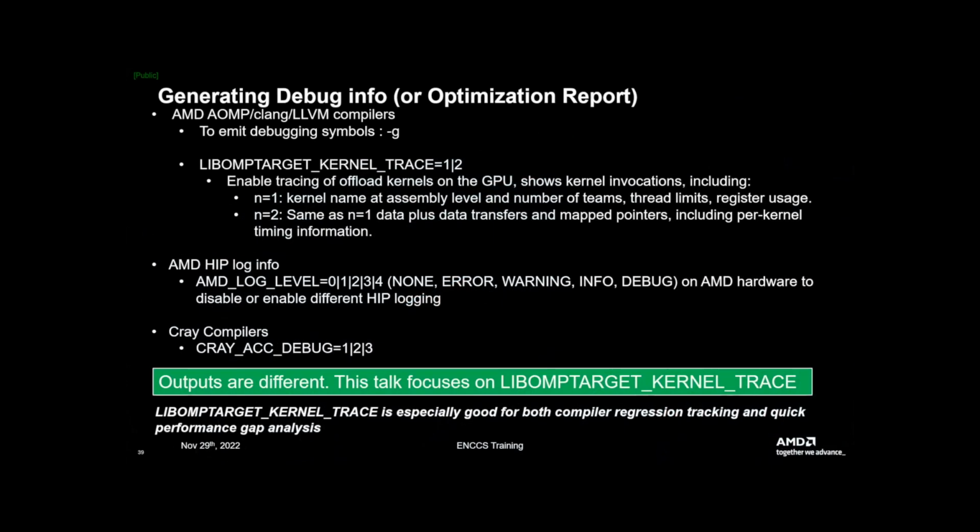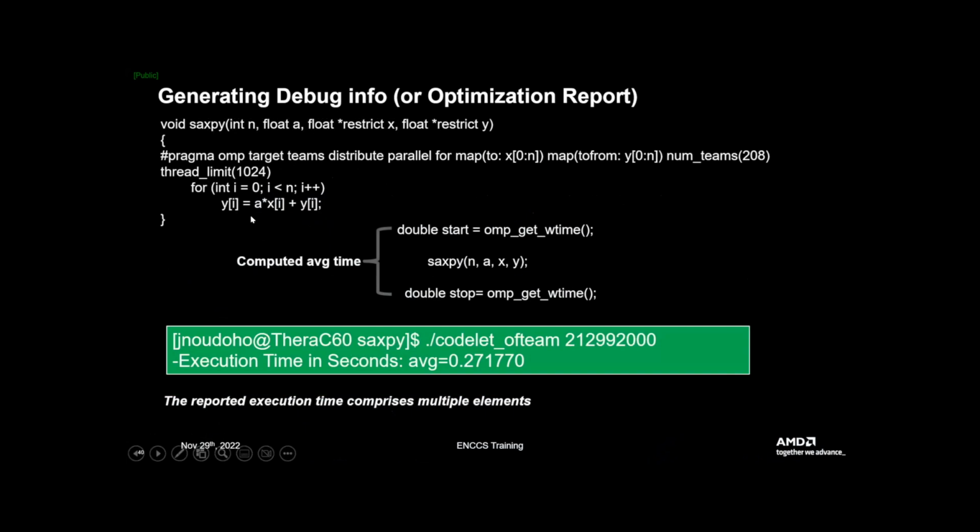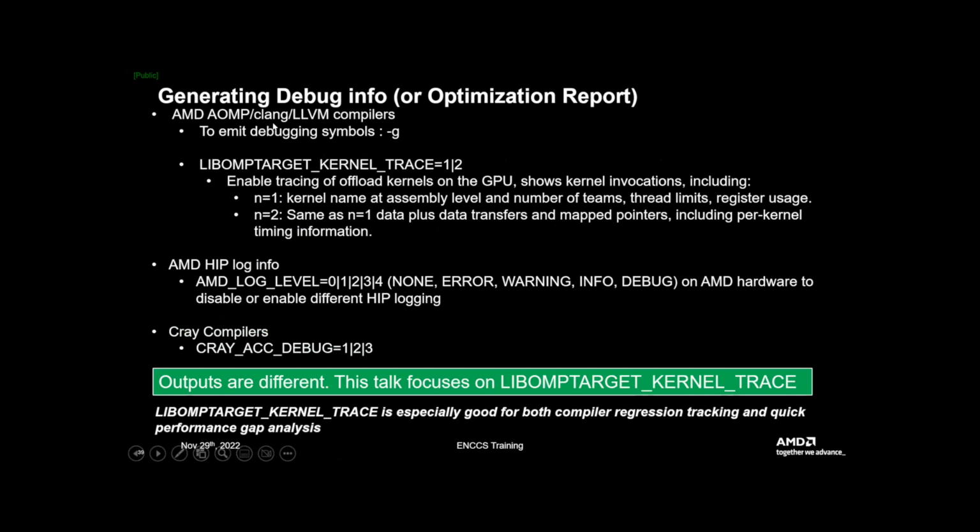As we said, we have different kinds of compilers, and these compilers don't provide the same output in terms of warnings or other information. So when we consider AOMP, the AMD ROCm OMP compiler, you can use LIBOMPTARGET_KERNEL_TRACE equal 1 or 2 to profile or to get some specific information from your application at runtime.